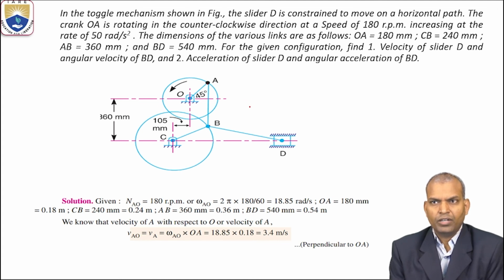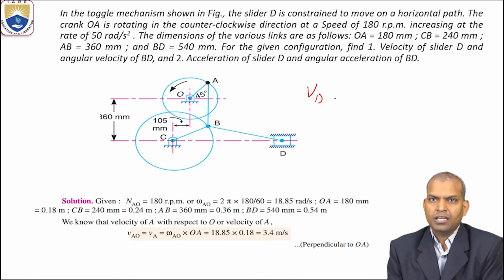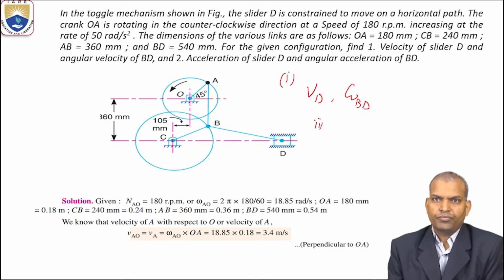Objective 1: the velocity of slider D and the angular velocity of link BD. Second objective: the acceleration of slider D and the angular acceleration of link BD.